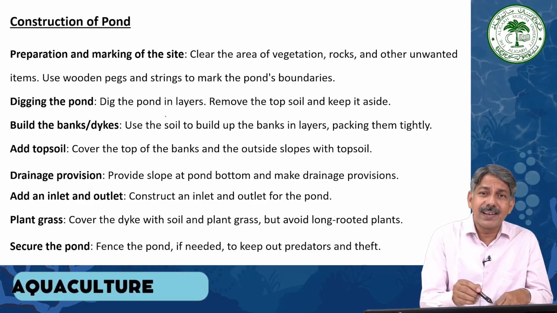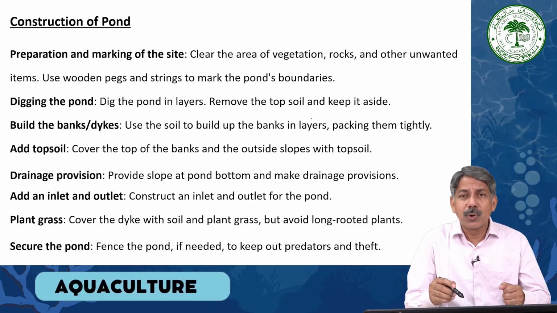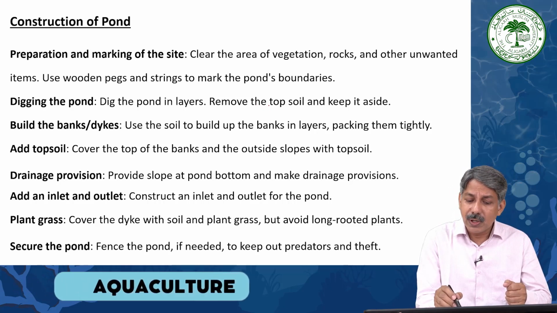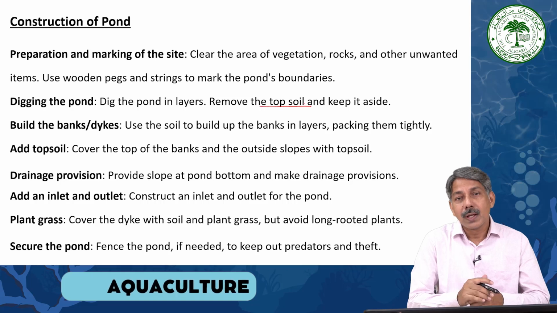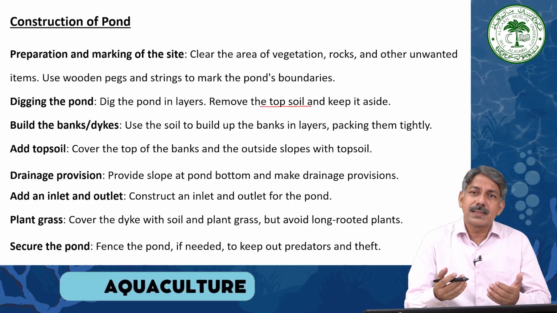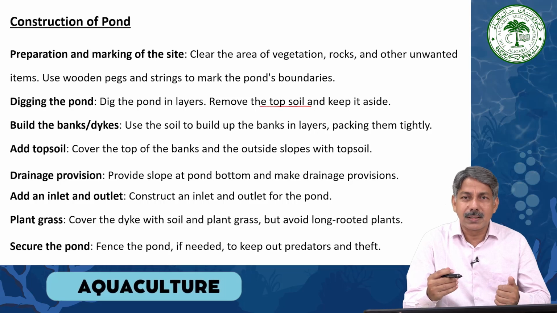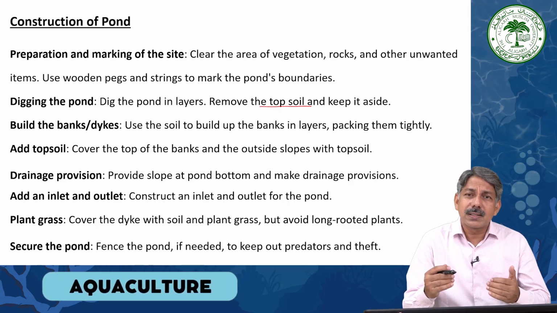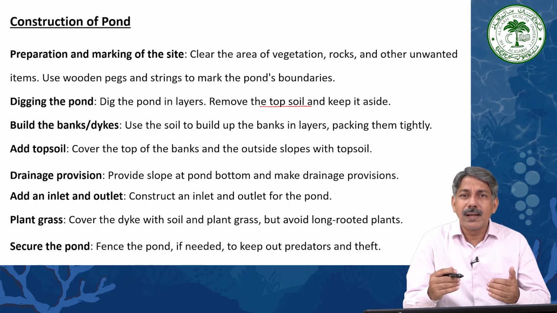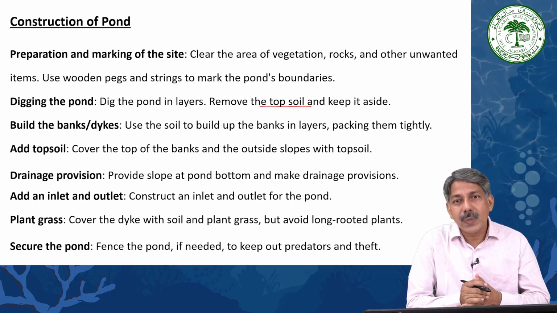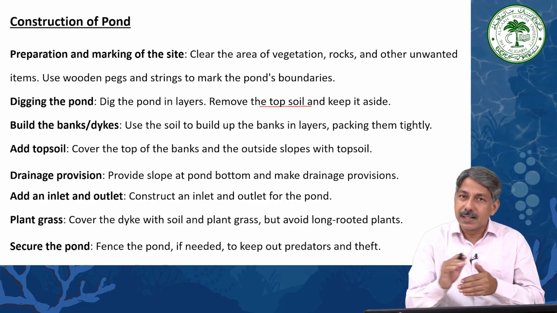Then dig the pond in layers. It is always advised to dig the ponds in layers, and especially you have to take care of the topsoil. Topsoil, that is the first 20 centimeters or sometimes up to 30 centimeters. That 20 or 30 centimeter soil first has to be taken out and kept aside.